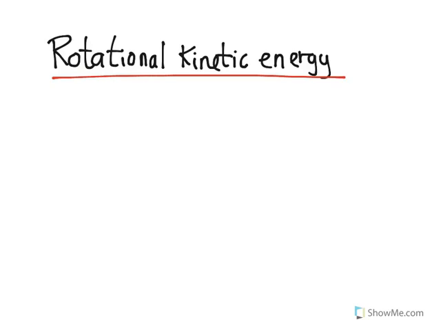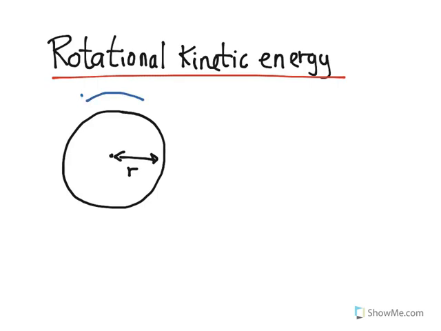In this tutorial we're going to talk about the rotational kinetic energy. Imagine, as previously when we talked about rotation, that we have a rigid body with an axis of rotation and a radius, rotating with an angular speed omega.